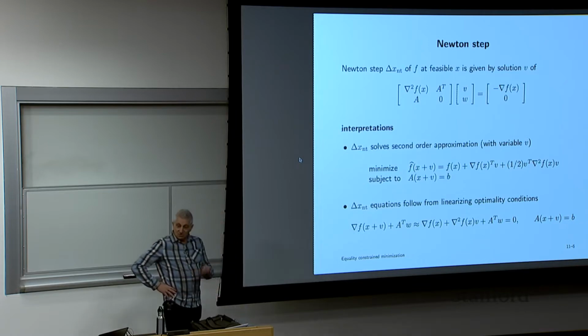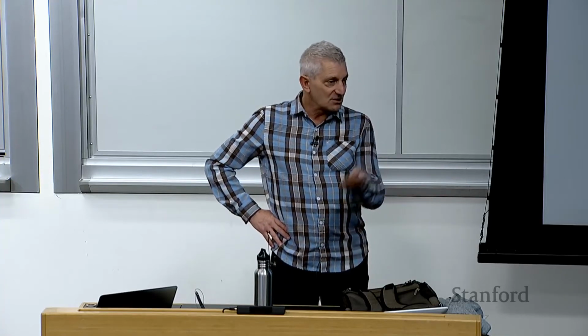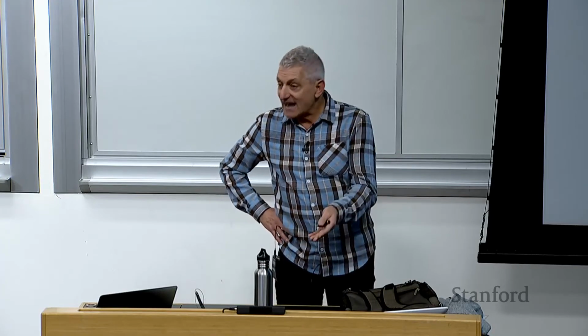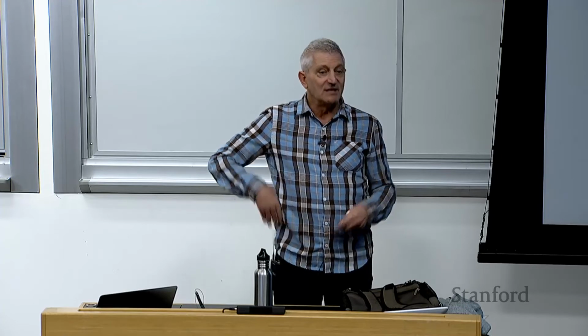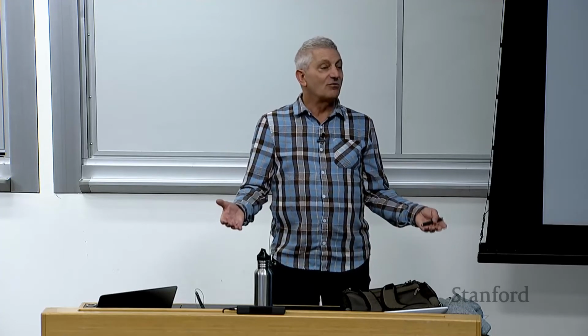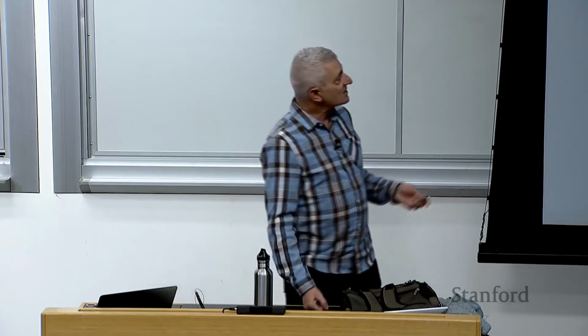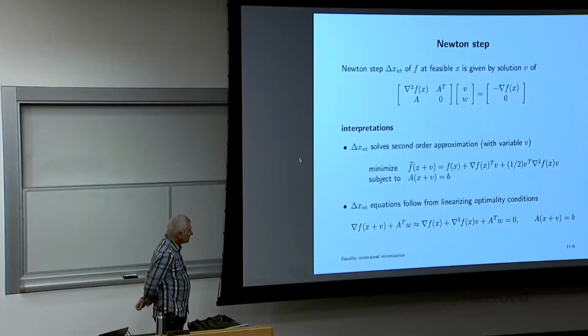And someone says, cool, please take your function f and make a second order Taylor expansion, which is going to be a constant plus a linear term plus a convex quadratic. And then you say you want to minimize that subject to Ax equals b. But that matches something you have a solver for. You form a KKT system and solve it, right? So that's one interpretation of what this is.